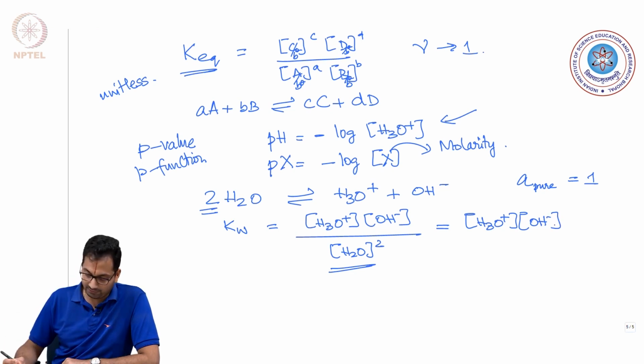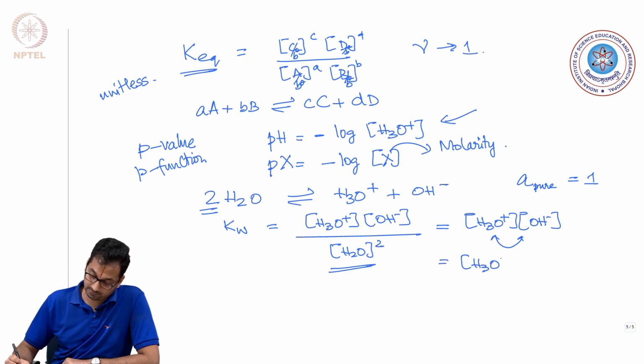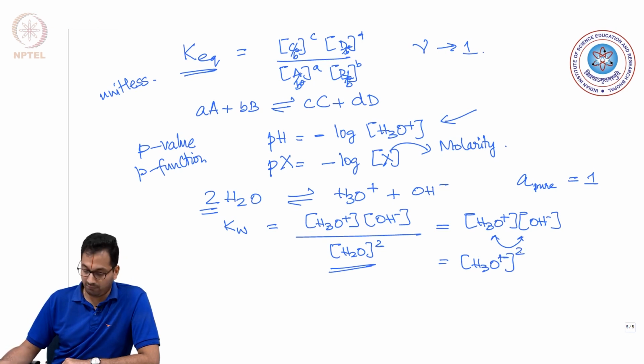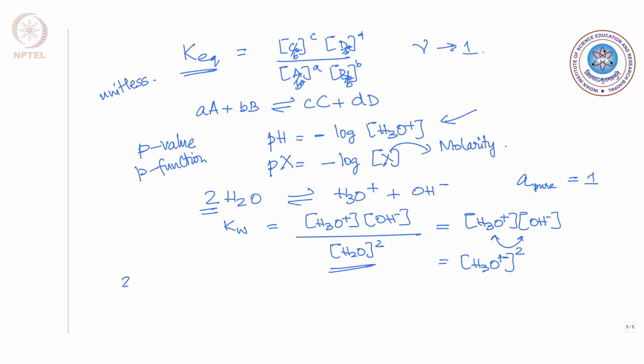Now, when you have something like this, one is able to understand that only when the hydronium ion is formed do you have the hydroxide ion. So, the concentrations of the hydronium ion and the hydroxide ion are going to be the same, so this can be reduced to the concentration of the hydronium ion squared. When experiments are done to determine the Kw of water at, let us say, 25 degrees Celsius, it was determined that Kw is 10 power minus 14.